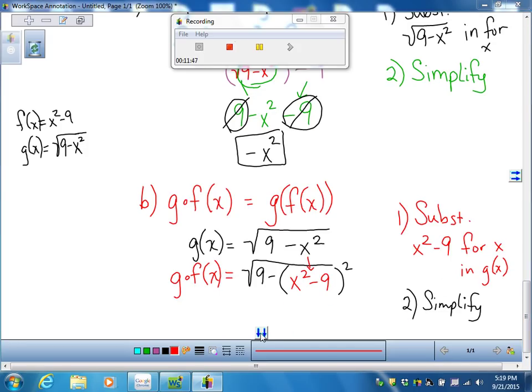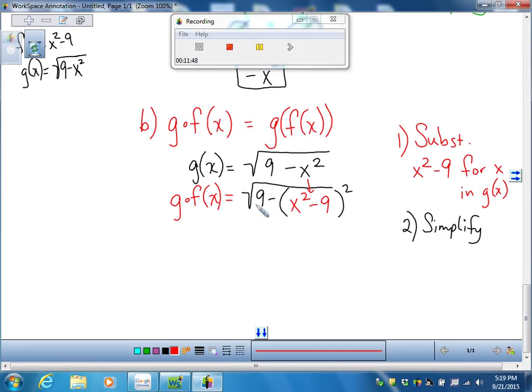Next step, we need to simplify, step 2. So this requires me to square x squared minus 9. So let's go ahead and do that. I have 9 minus x squared minus 9 times x squared minus 9. Order of operations, I have to multiply first before I subtract.